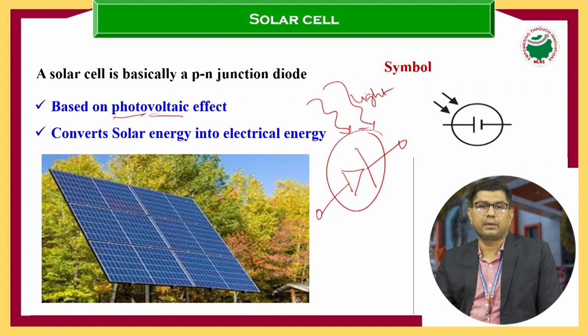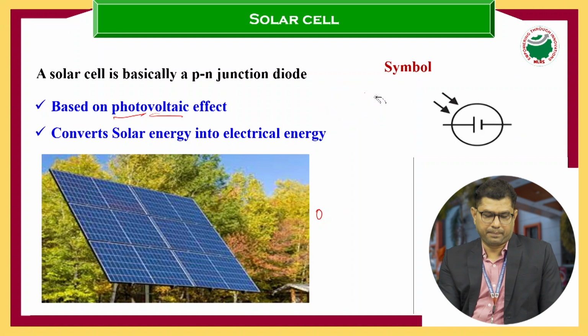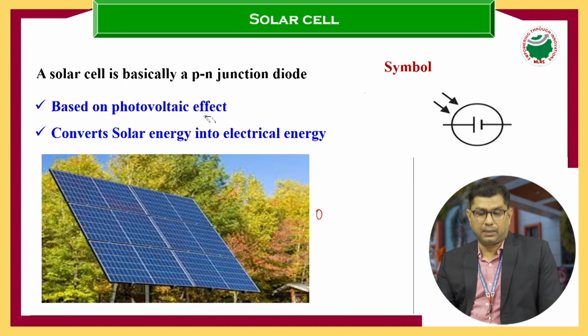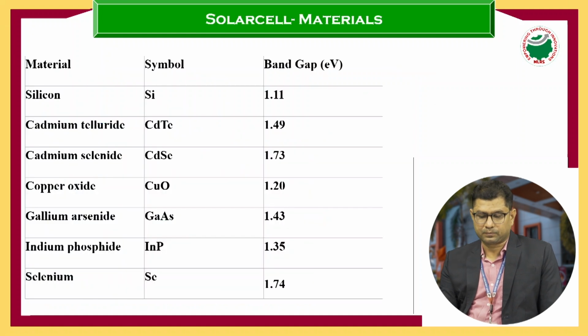Here we are showing that this device converts optical energy into electrical energy. Basically, a solar cell is a PN junction diode.